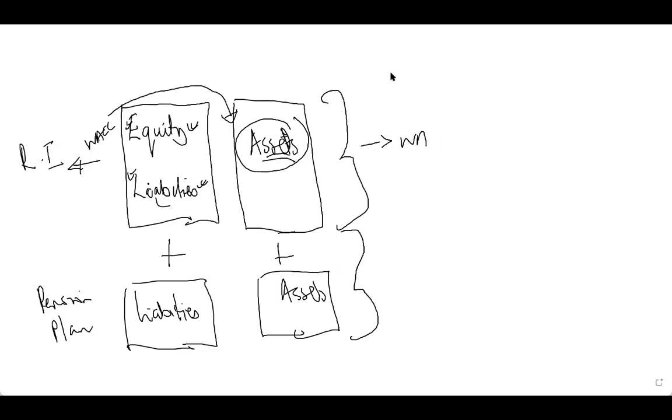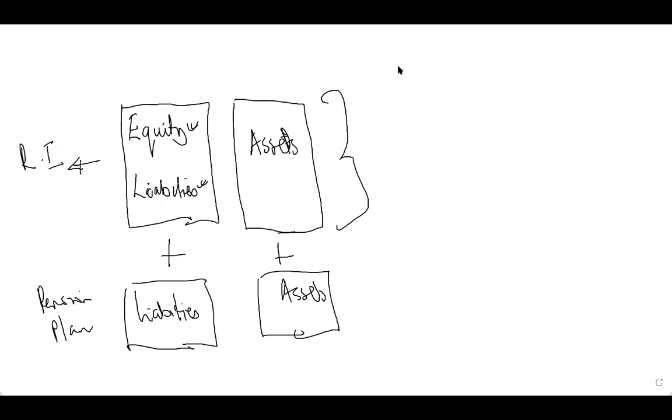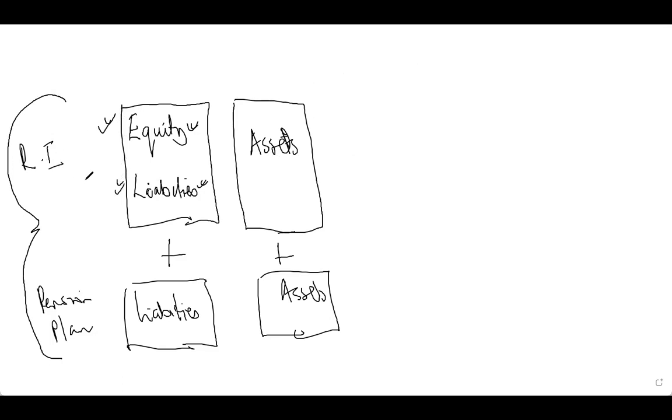But now what we want to do, we now want to calculate the WACC associated with the equity and the liabilities of Rosetta Investments and the liabilities of the pension plan. We now want to calculate the WACC of all these.